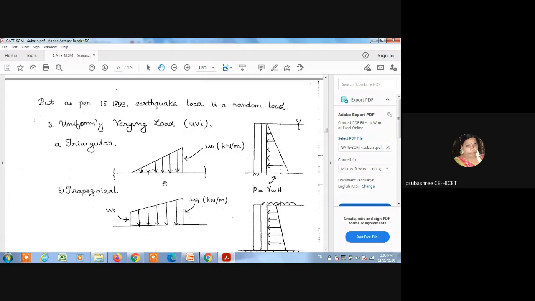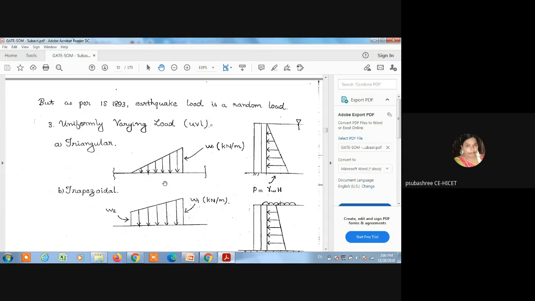The third one is very important: uniformly varying load. Uniformly distributed load acts along the length, so it is called uniformly distributed load. But uniformly varying load means the load acts over the entire area.